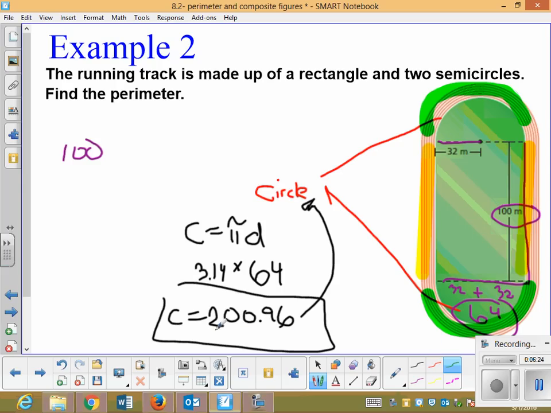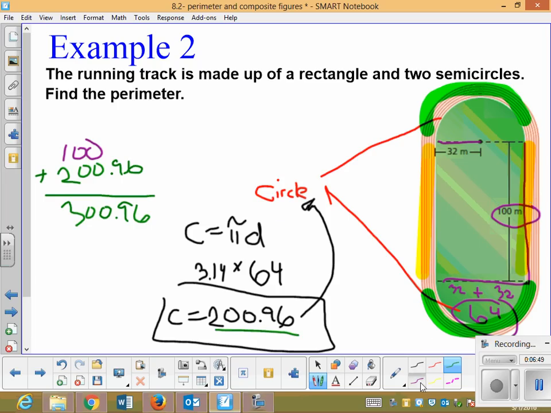So we're going to take 200, add it up with 0.96 and add it to 100, and you're going to get a total of 300.96.